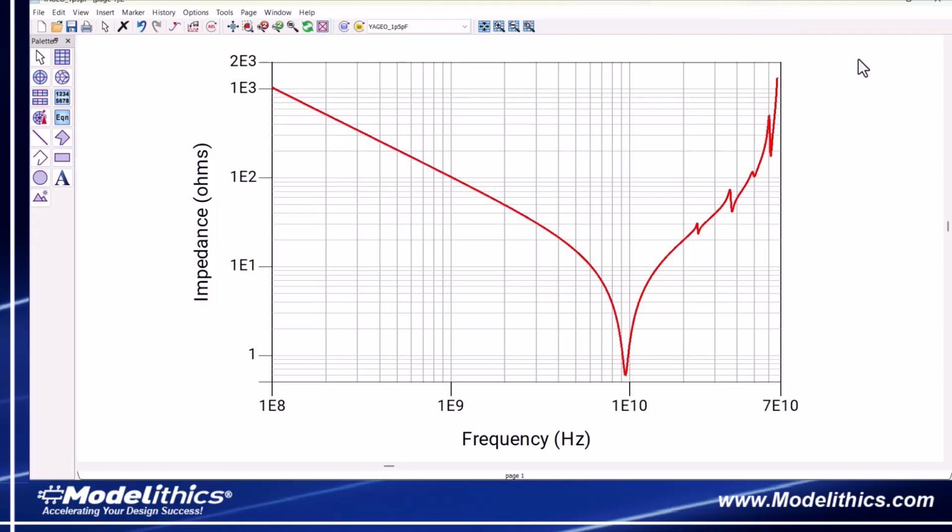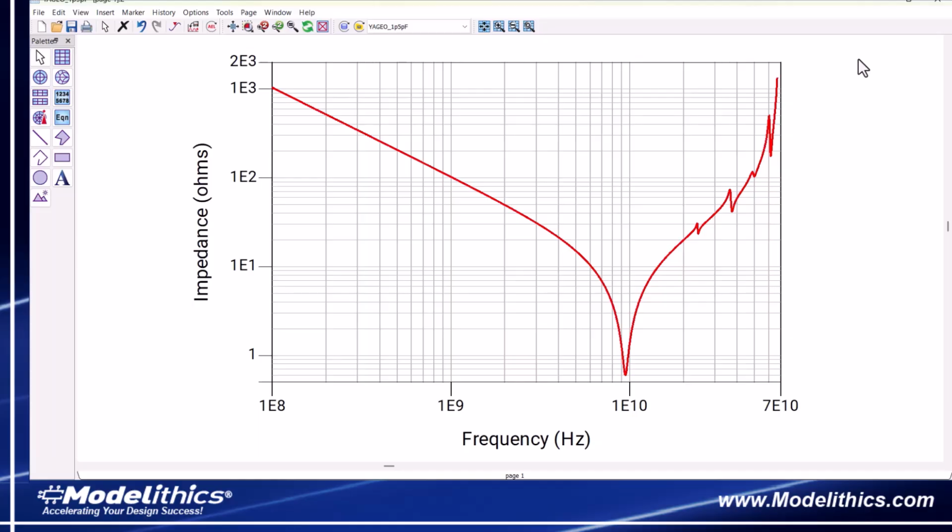Now, we see that the impedance of the 1.5 picofarad CQ0100 capacitor resembles the impedance of the simplified real-world capacitor model. However, above the self-resonant frequency, we do notice some differences. Specifically, we see these impedance spikes at several frequencies above the self-resonant frequency.